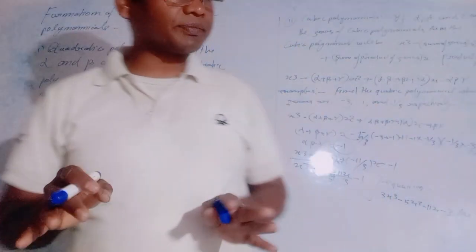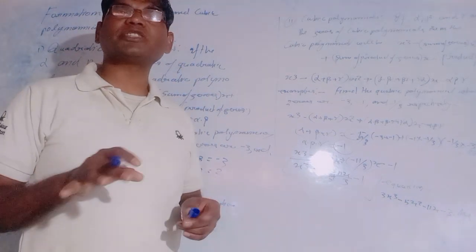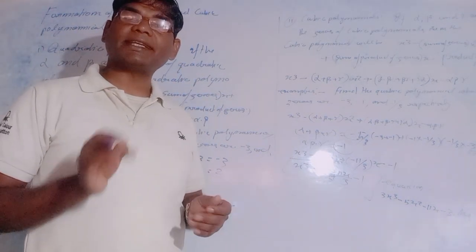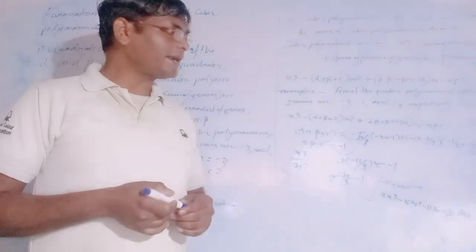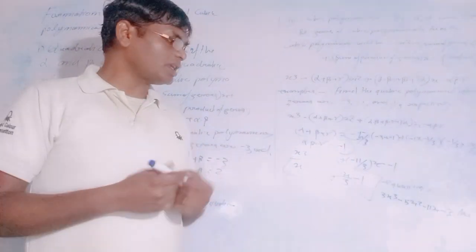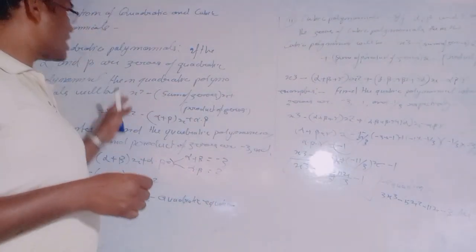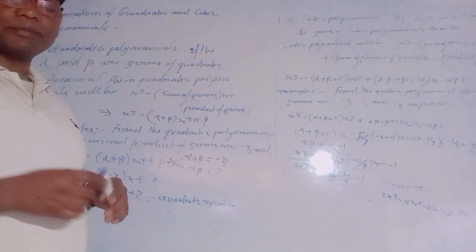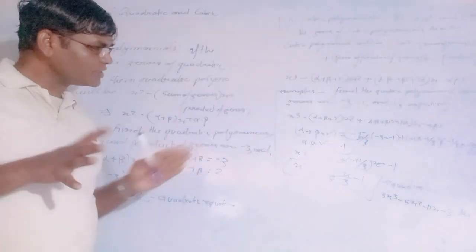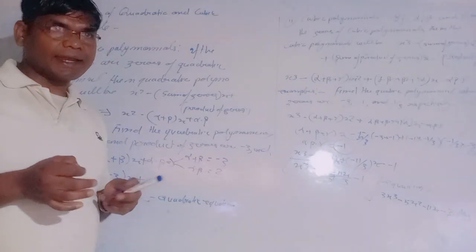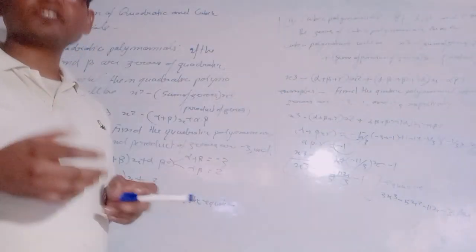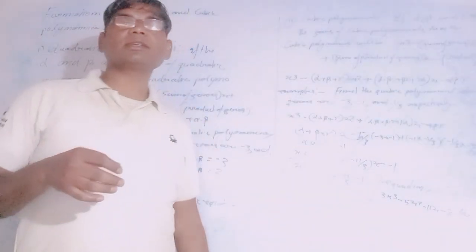If the zeros of either quadratic or cubic polynomials are given, then we will find their equations. We have learned the formation of equations of cubic and quadratic polynomials completely. Practice it daily so that you can gain grounding in these related questions.